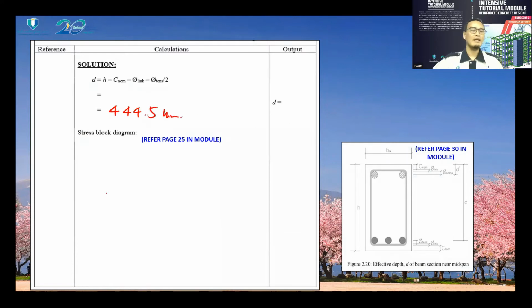Then you have to draw or sketch the stress block diagram.